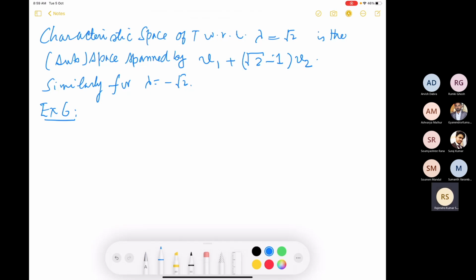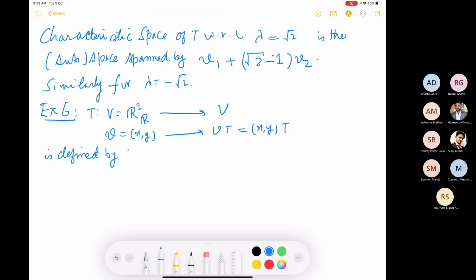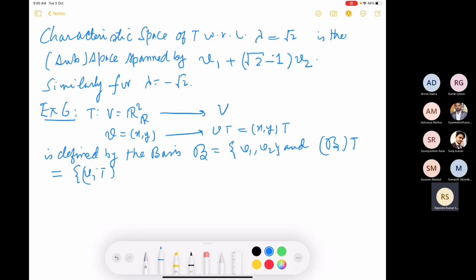Let once again the linear transformation be, say, let T be the map from R2 over R to V, where v equal to (x, y) goes to vT, that is (x, y)T, defined by the basis B, v1, v2, and v1 under T, that is v1T, v2T as follows.